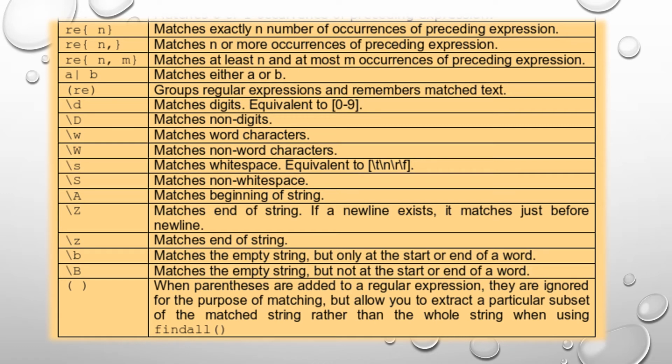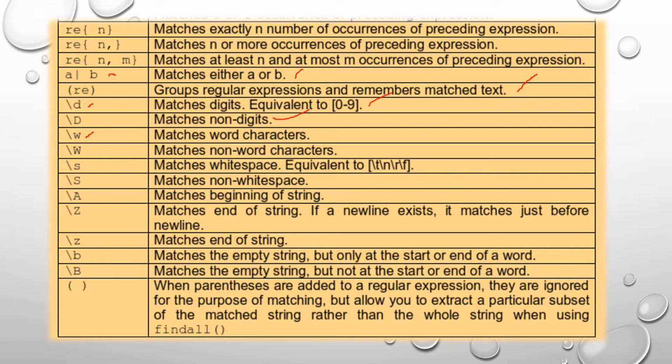a|b is the next character. The use case of this is it matches either a or b. And (re) within the parentheses: the use case of this is it groups regular expressions and remembers matched text. So \d: the meaning of this is matches digits, equivalent to 0 to 9. Uppercase \D matches non-digits.